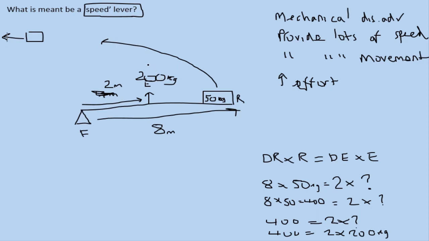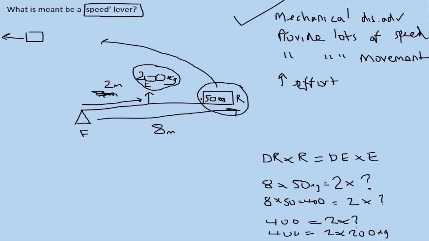So hopefully that brings it home for you that we are at a mechanical disadvantage when we're talking about speed levers, because we're having to put in 200 kilograms of effort in order to move 50 kilograms of weight. That's quadrupling the size of effort.